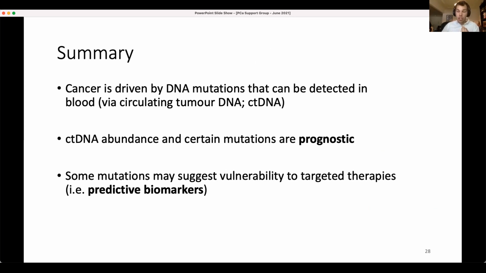So we can use this to give a patient a therapy that they're most likely to really benefit from, and actually really cater their clinical management to their specific individual disease. And so this is kind of the exciting new paradigm of clinical oncology, which is using these DNA predictive biomarkers to help inform treatment.